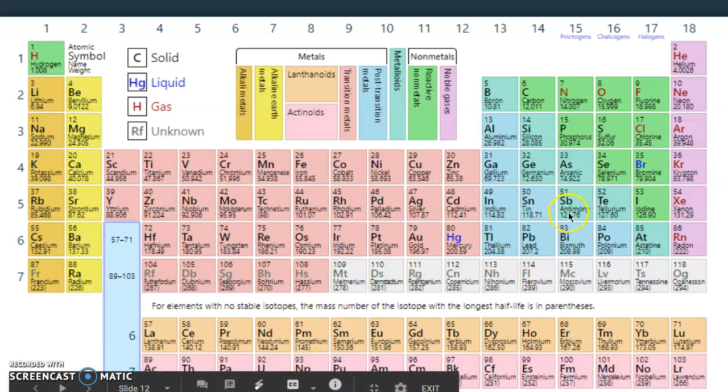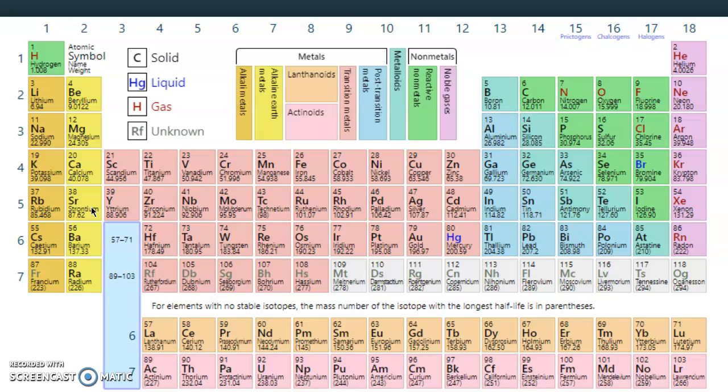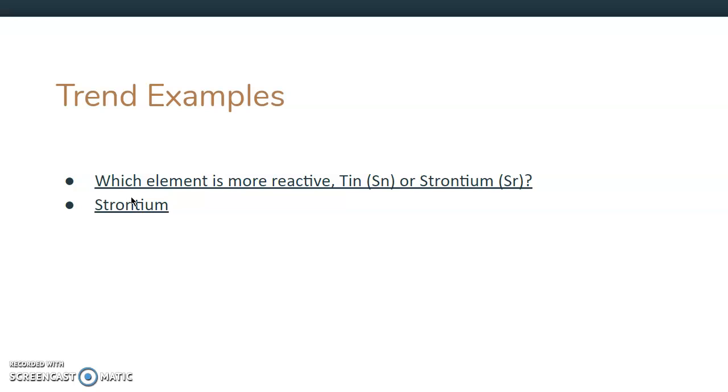So tin, I believe, is right here, and strontium is over here. So for our reactivity of metals, these are both metals in our metal section of our table. Our reactivity is higher if we're to the left and farther down. So they're in the same row, but strontium is farther left, so strontium is our answer.